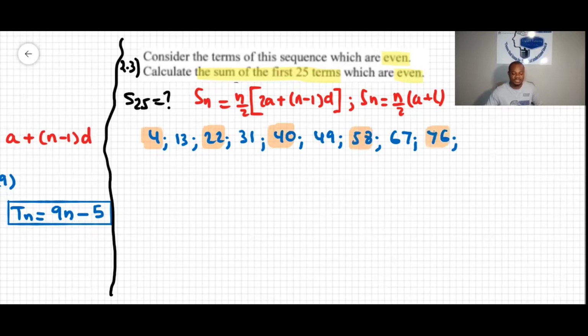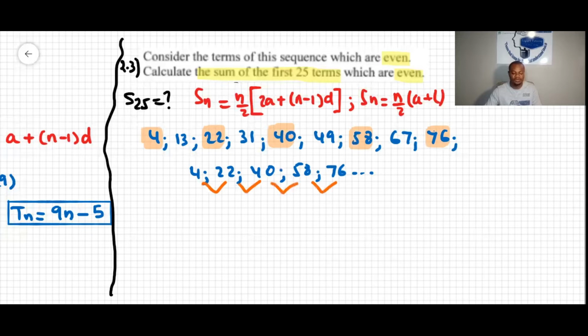So now, these even terms form another sequence: 4, 22, 40, 58, 76, etc. Here we can discover that we have a new constant difference, which is 18.